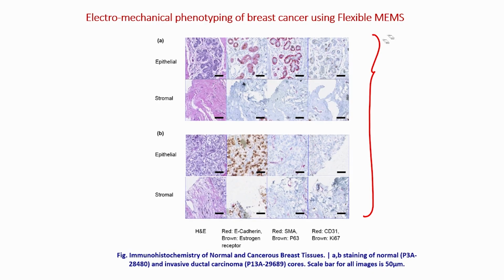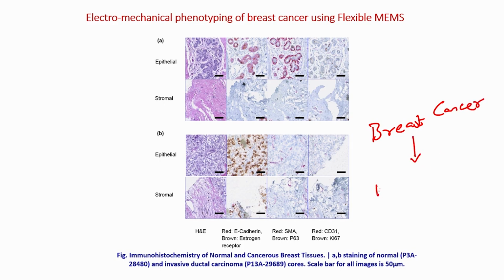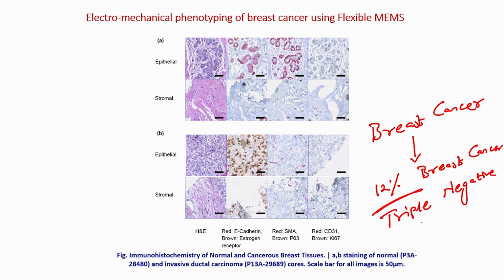Okay. Now, there are certain cancers within breast cancer, approximately 12% of breast cancers, that are called triple negative breast cancer.